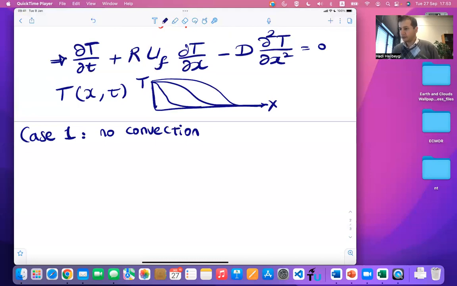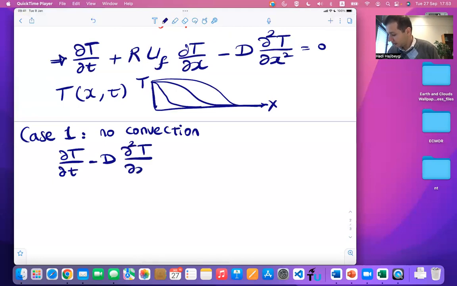And my governing equation will be dT/dt, change of temperature over time, minus d times the second derivative of temperature with respect to space, equals 0. That's what I would get. This is a parabolic partial differential equation.